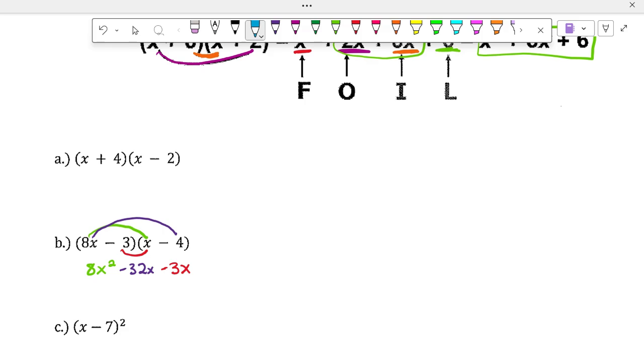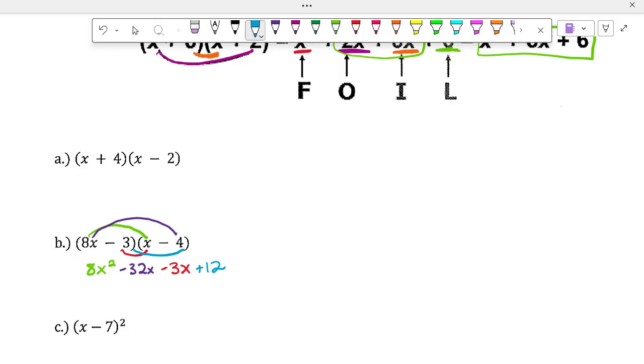I think pretty much everyone's been picked at this point. So negative 3 times negative 4 equals 12. Right, negative 3 times negative 4 is 12. All right, so let's go with Sailor.